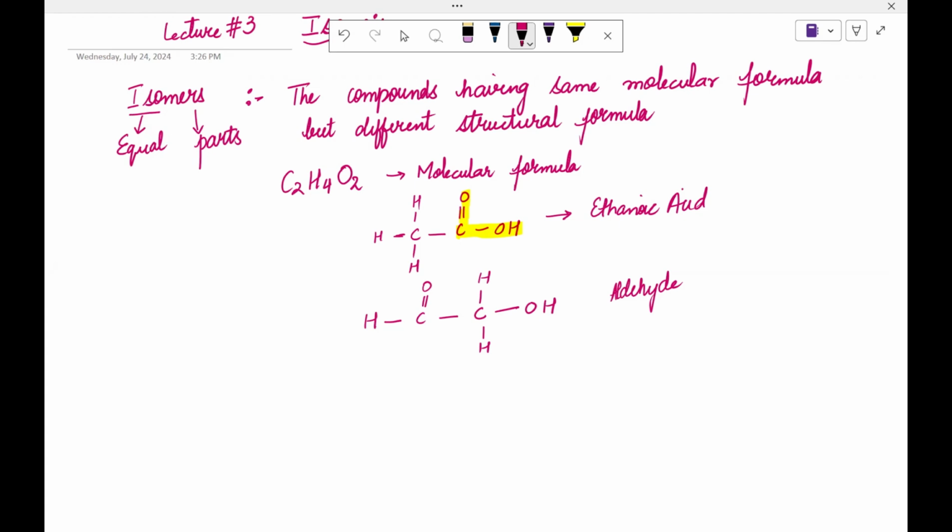Now we have this structure as well. It can also be represented in this way.